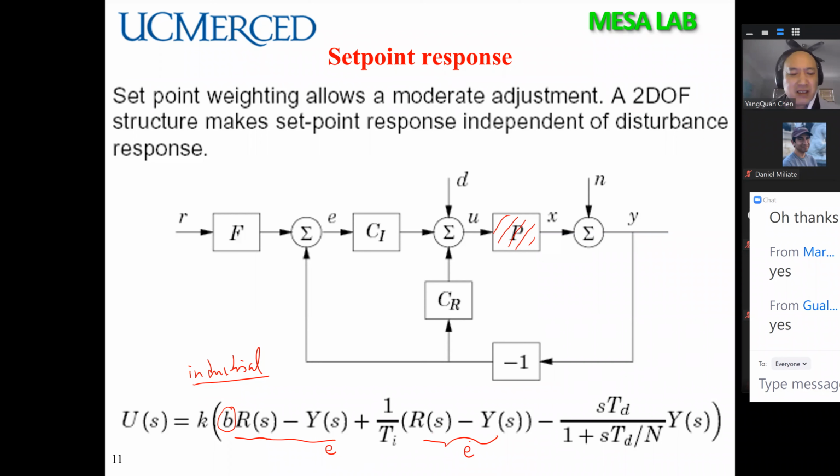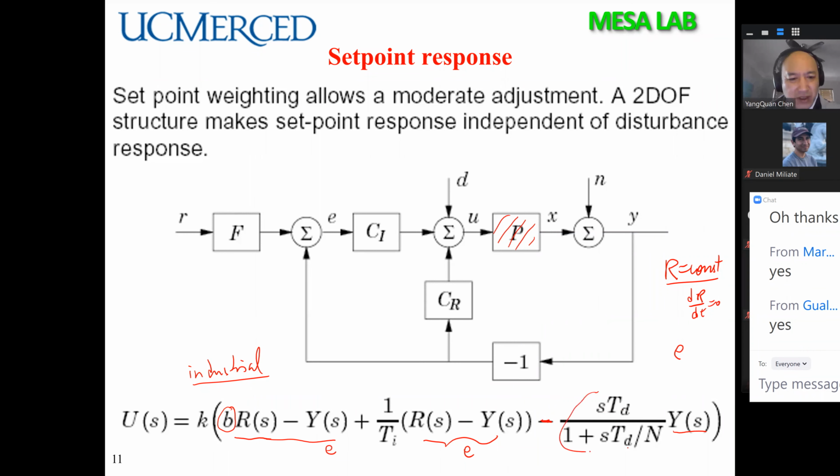This is E. And this is also E, with a minus here, okay? Why? Because R is usually constant, so d/dt of R, dR/dt, is 0. Therefore, 0 minus Y, it is minus.